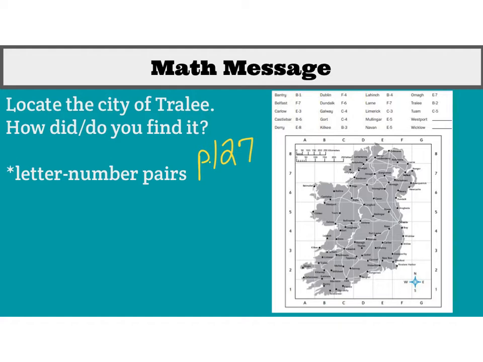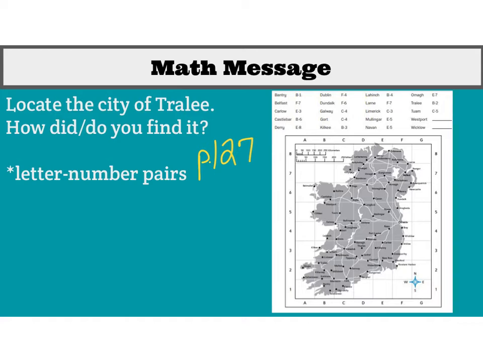So if we were able to find the letter B, which happens to be here, and then find the number 2, which happens to be here, if we look to see where those 2 points meet or intersect, we're able to find the city of Tralee.